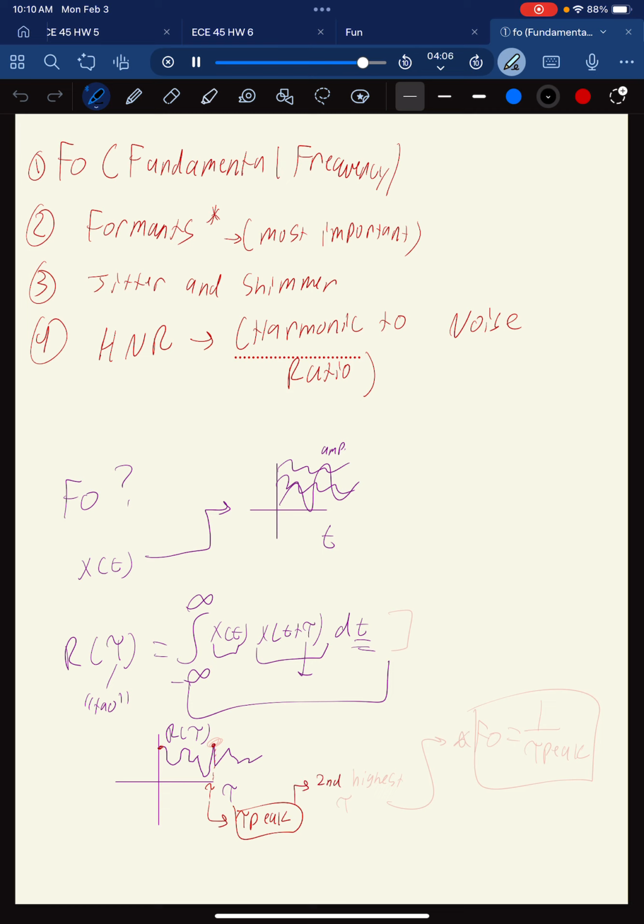If this diagram were properly drawn, this point should actually be slightly lower than this point here, but it's beside the point. Basically, we're finding the second highest value of t, such that we get the highest value we can for r of tau here. Now, all that we're going to do to get the fundamental frequency is take the reciprocal of this value, and that is it.